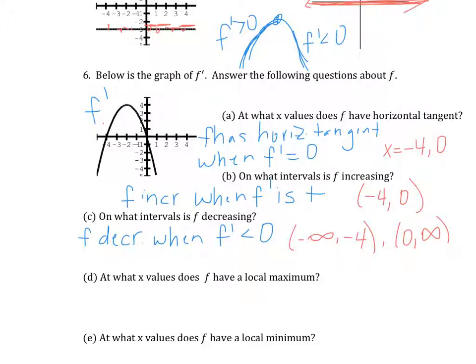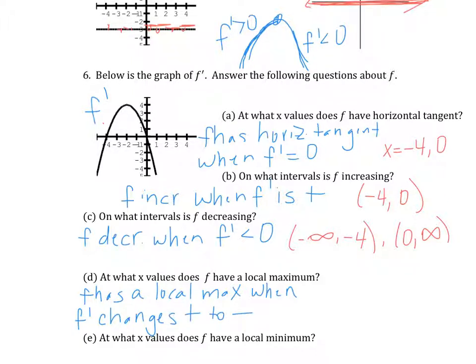So the justification of this one is f has a local max, and do write the word local, because we will be more specific later with absolute, so get used to writing the word local. F has a local max when f prime changes positive to negative.